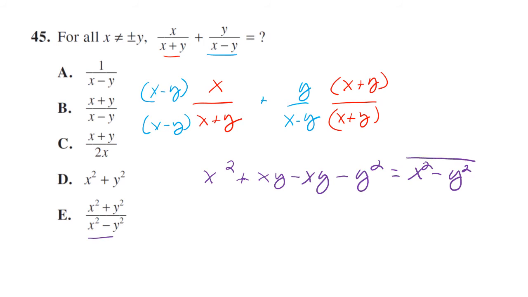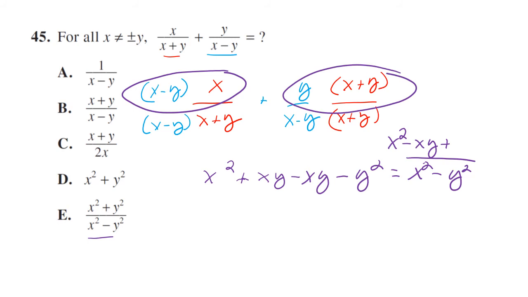So the top numerator for this side is going to be x squared minus xy plus, well, let's do the y squareds first. Y squareds plus, yep, xy.